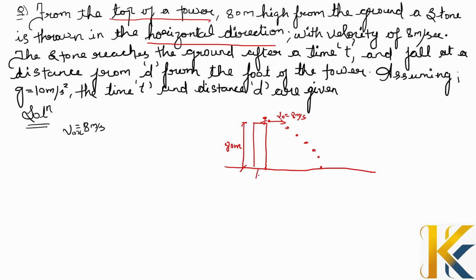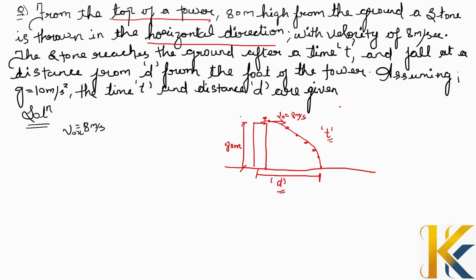This distance from the foot of the tower to the position where it has reached on the ground is termed as d. And the time that it has taken to follow this particular path is time t. They have asked us to find out d and t.